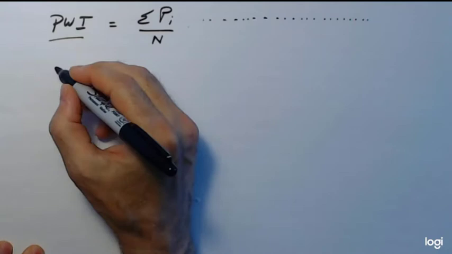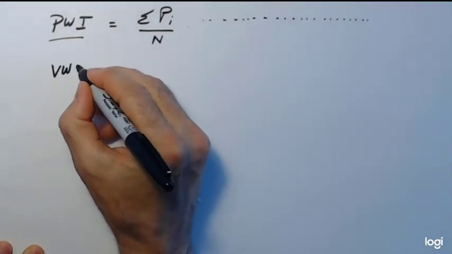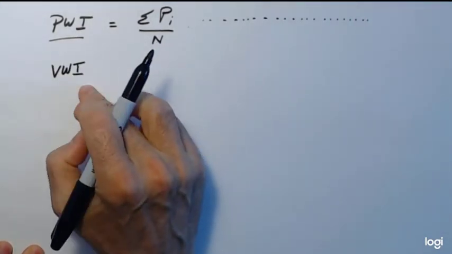Let me move on to a value-weighted index, at least show you the formula for it and discuss it briefly. Then I'll give you an example that compares and contrasts price-weighted indexes versus value-weighted indexes. The second most popular index out there, in fact, it may be the most popular today.